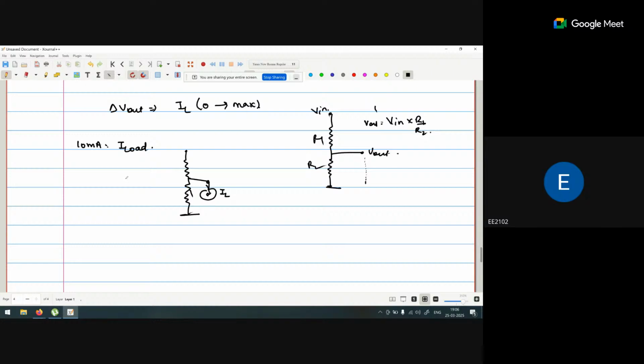Any value will be there, like for example 10 milliampere. So V out is equal to 4.2 into 150 divided by 2,000.